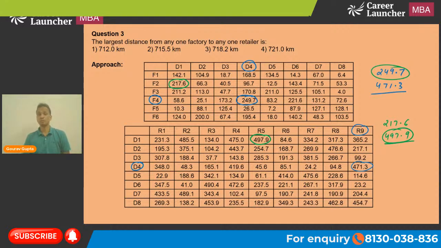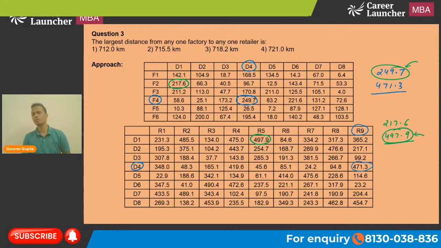Now it may be possible a number which is not the largest in table number 1 and a number which is not the largest in table number 2 may also give me the highest sum. That can also happen, right? It is not always the case that one of these numbers is largest and it will give me the largest sum.